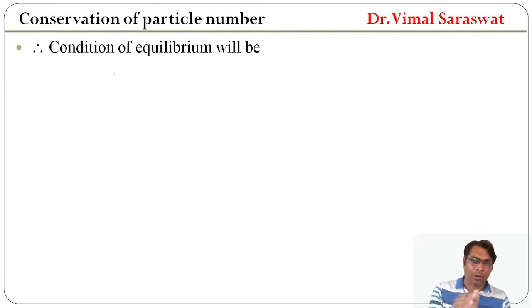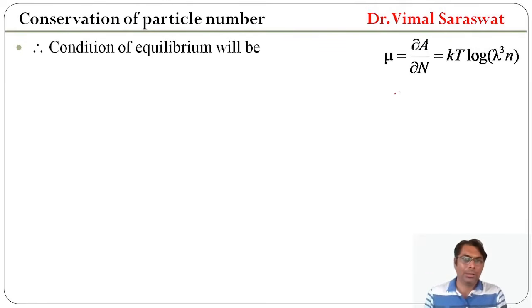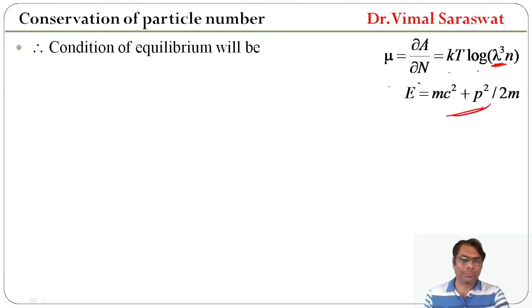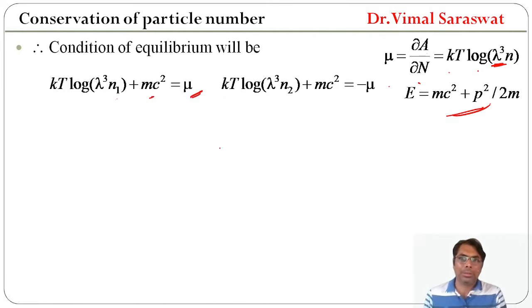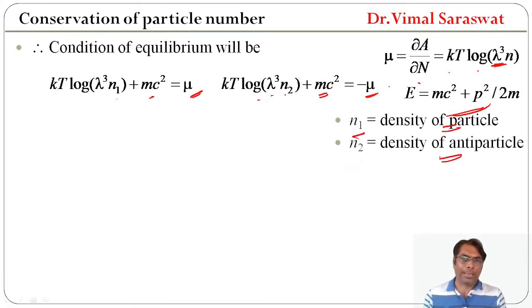Therefore, condition of equilibrium will be mu equal to del A upon del n equal to kT log of lambda cube small n, plus E. So kT log of lambda cube n1 plus mc square equal to mu and kT log of lambda cube n2 plus mc square equal to minus mu. Here n1 is density of particle and n2 is density of antiparticle.